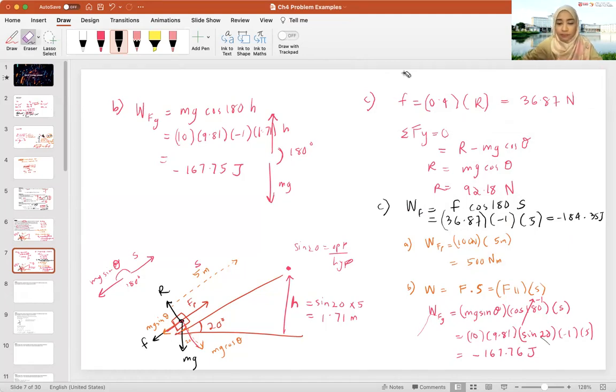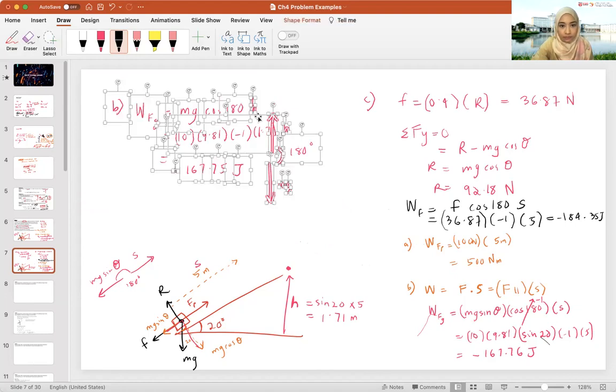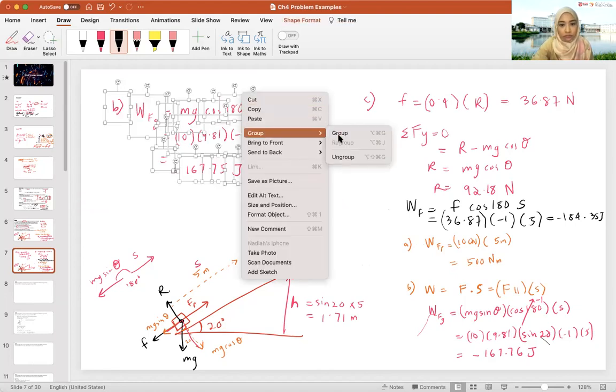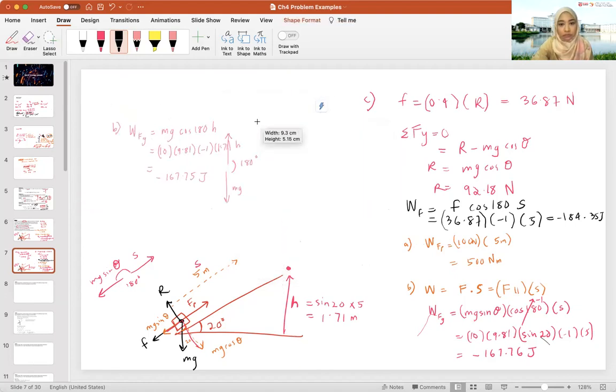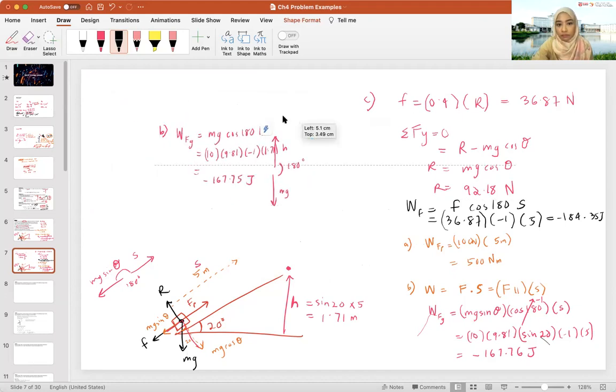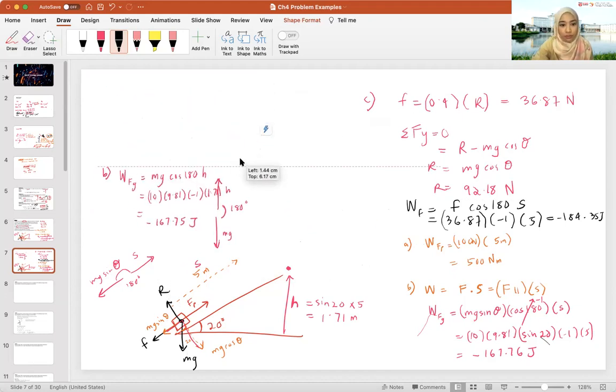So that is C. This is A. This is B. This is also B. How do I make space? Let me make this smaller. Okay, let's put B over here.